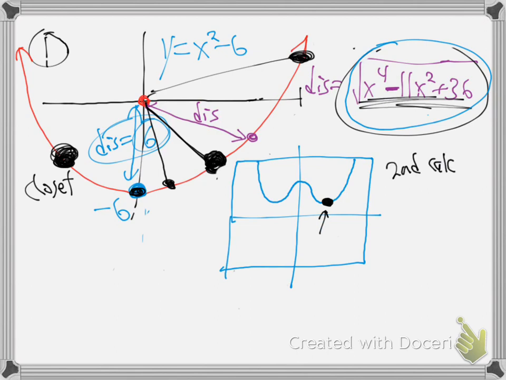Second calc, and then go down to minimum and choose minimum, and then you have to go left of the min. Like you got to go over here somewhere, and then go left of the min. You got to go right of the min.